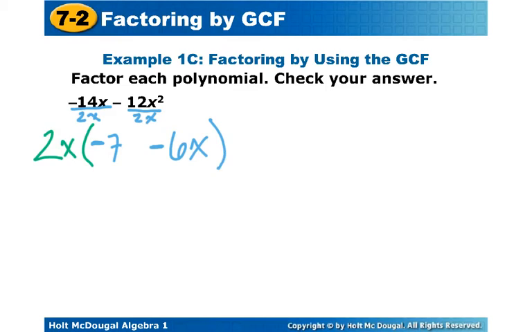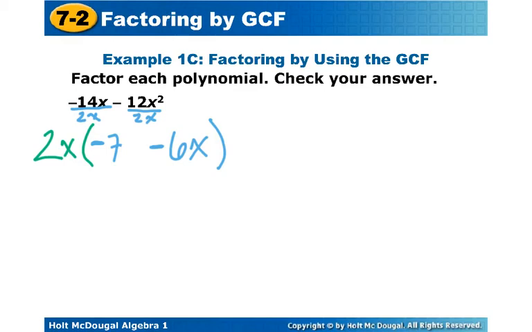Now, look at those two values inside. What can you say about both of them? If you're noticing that both of them are negative, you are able to take out a negative value as your greatest common factor.